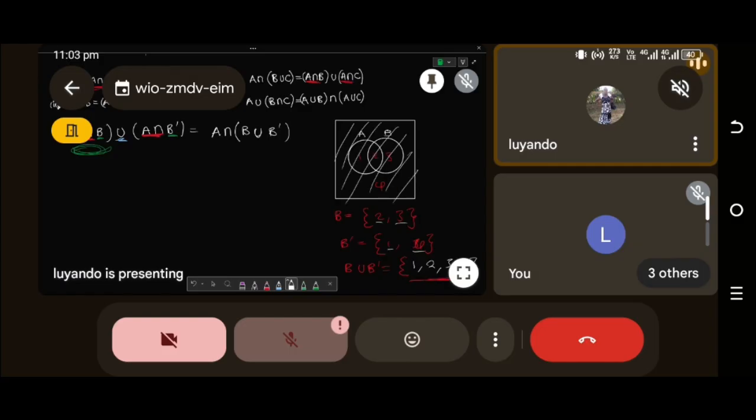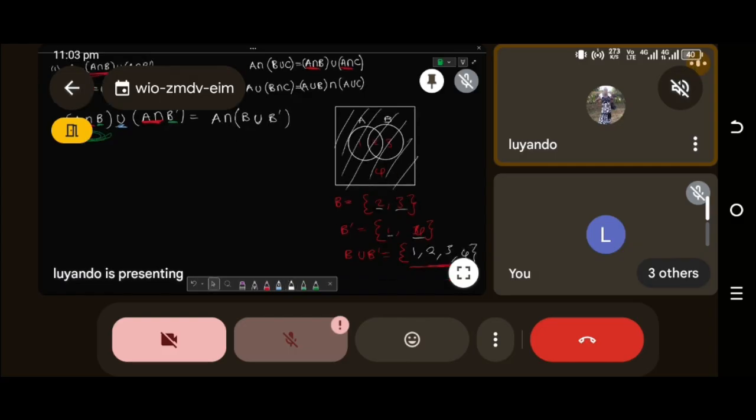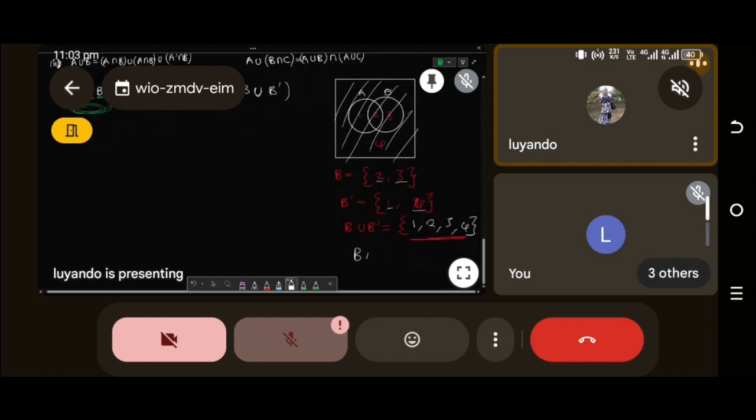So in simple terms, B union B complement is equal to the universal set. Are we clear?